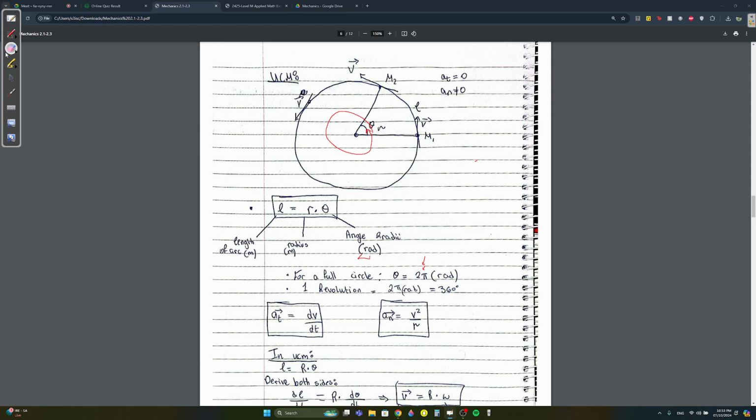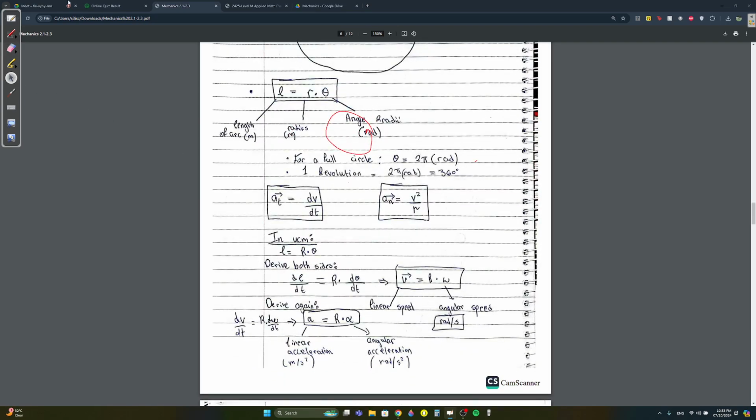One revolution is 2 pi rad, which is equal to 360 degrees, in case anything asks. A tangential is equal to 0 in this case, right? It's the derivative of speed with respect to time. Since speed isn't changing, this is obviously going to be 0. A normal is equal to v squared over r. Very easy.